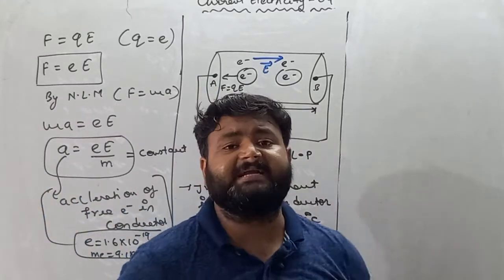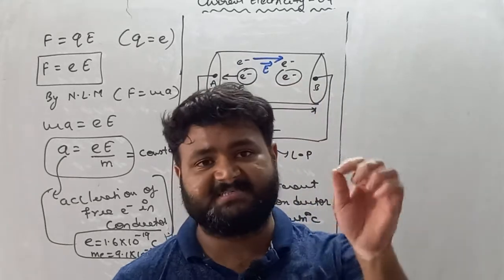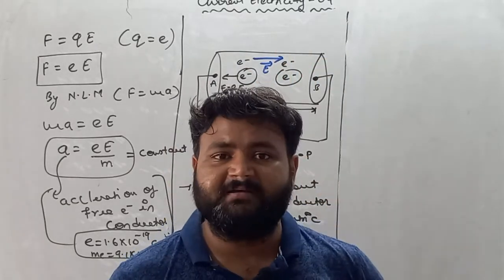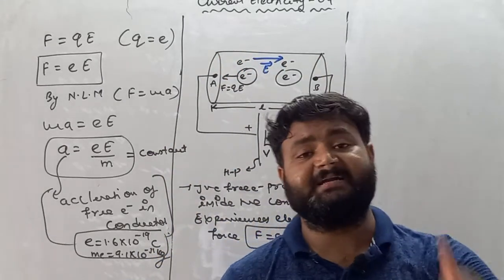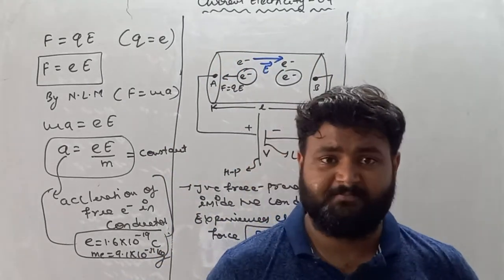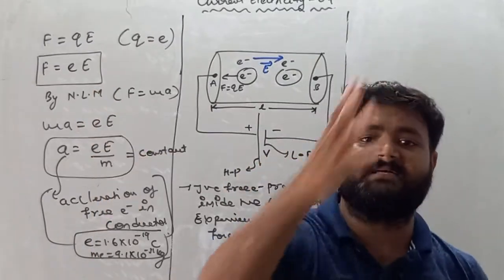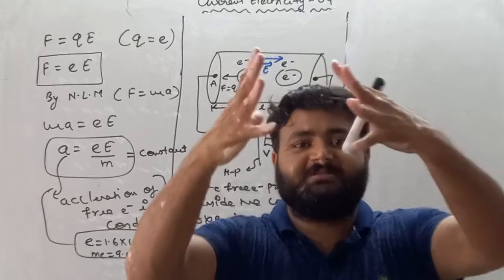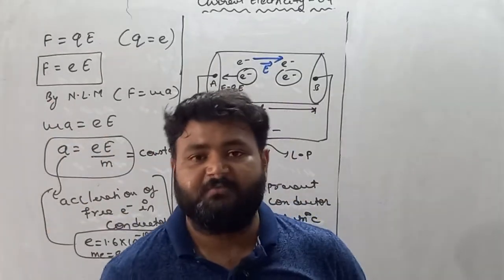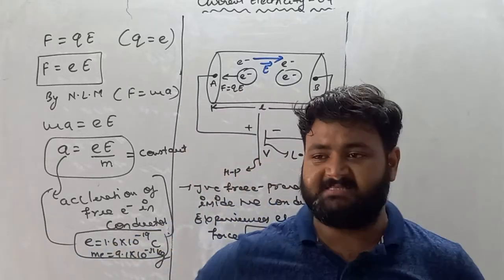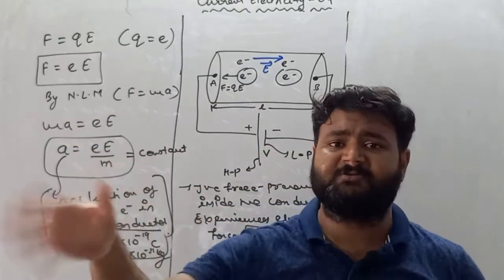When we are not connecting the battery, at that time current is not defined, but still the electrons are moving, but their direction of motion is random. If 10 electrons are moving in this direction, then 10 electrons are moving in this direction. So both cancel each other and the effect is zero without the presence of battery. Hence we will say the electron is moving, but its effect, that is current, is not achieved.